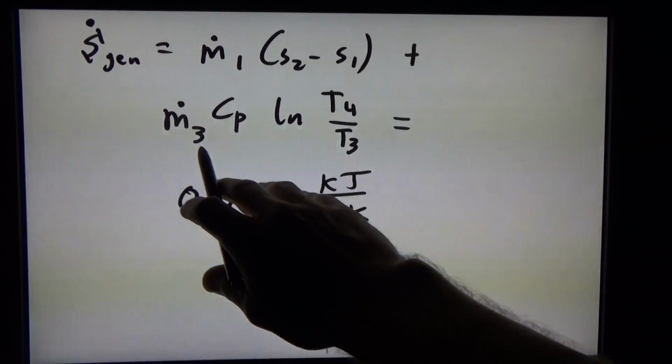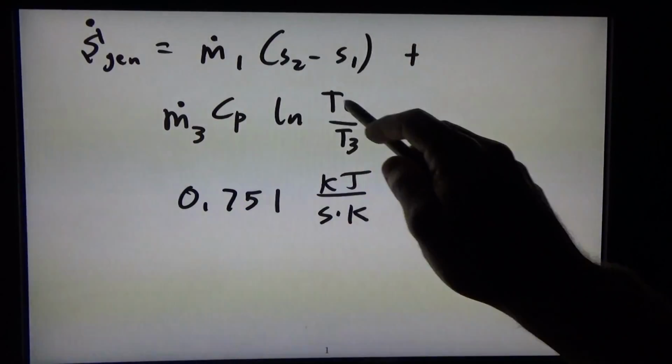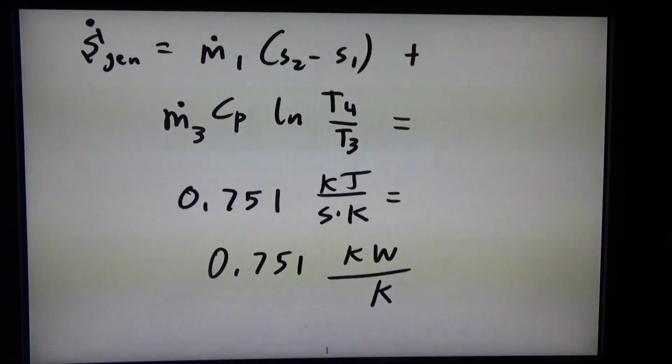Here we have mass flow rate times C sub P, so we would end up with kilograms per second times kilojoule per kilogram Kelvin. The kilograms cancel, and this term is unitless. So again, we have kilojoule per second Kelvin, and a kilojoule per second is a kilowatt. So we end up with kilowatt per Kelvin.